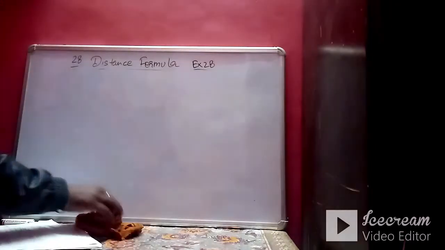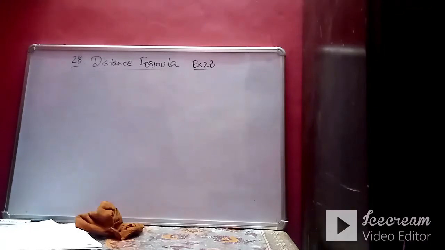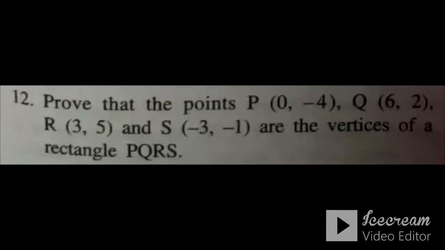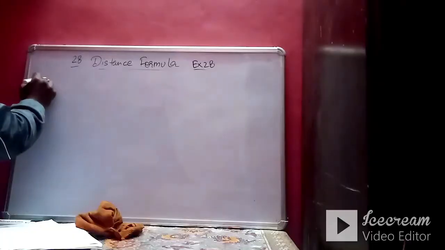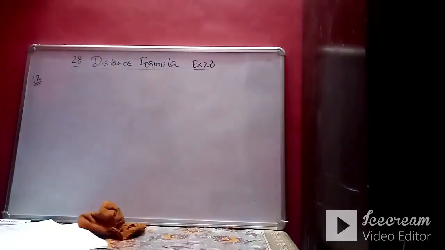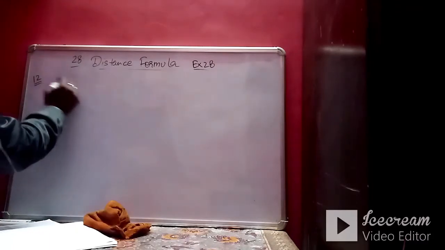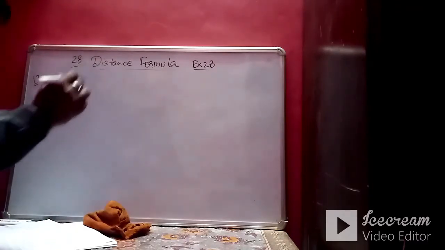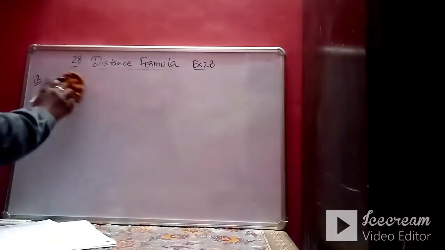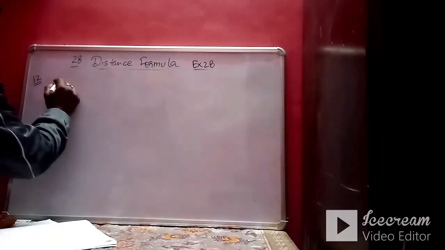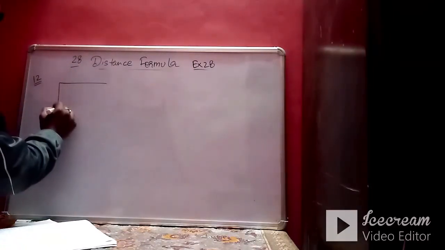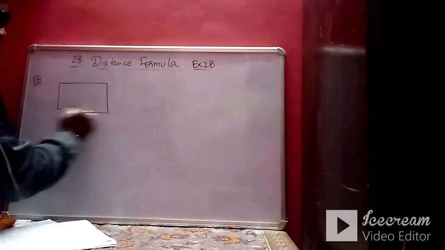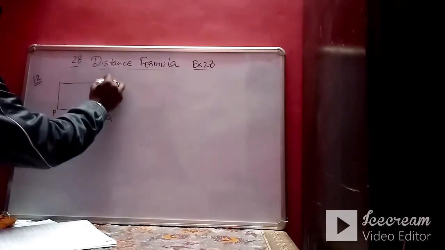Now let's see question number 12. Prove that the points, so points are given as P. Let's make a small rough figure, let it be PQRS.